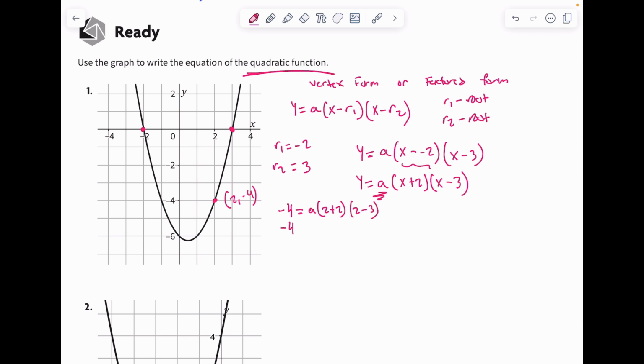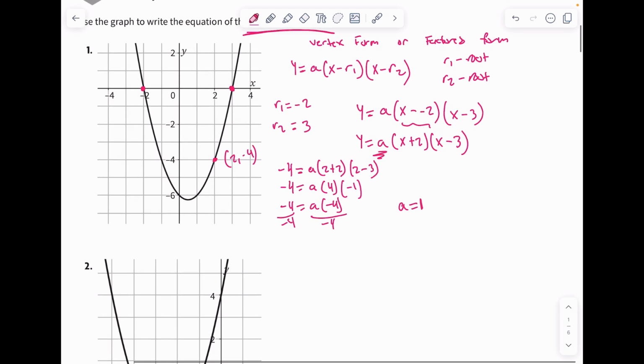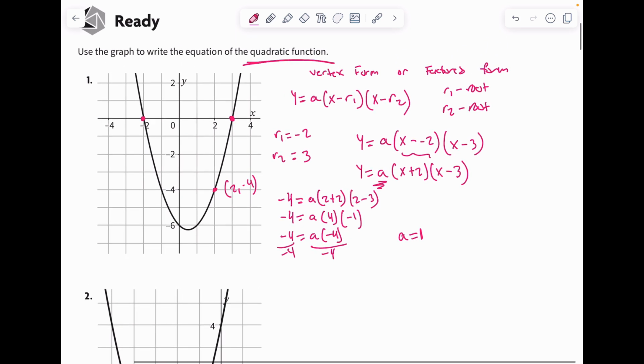So -4 is equal to a times 4, and 2 minus 3 is -1. Now I get that -4 is equal to a times -4. Divide by -4, divided by -4, I get that a is equal to 1. So my leading coefficient here is just 1. Then my actual equation of this quadratic function is y is equal to x plus 2, x minus 3.